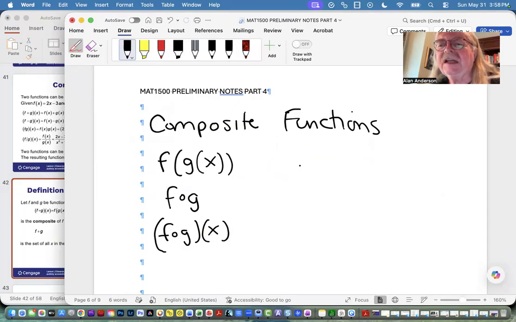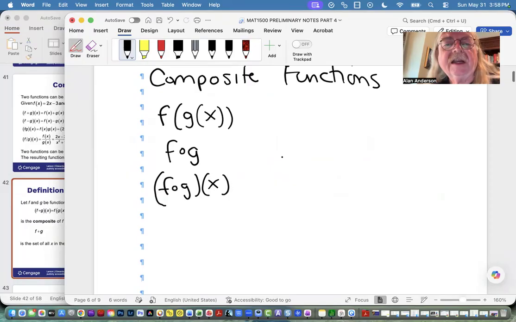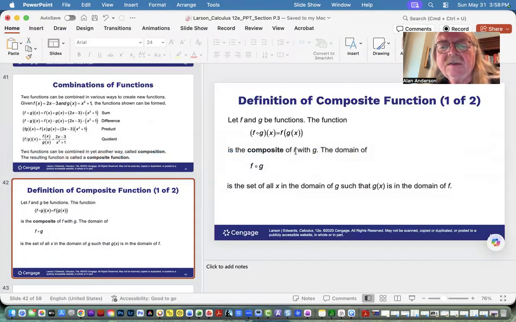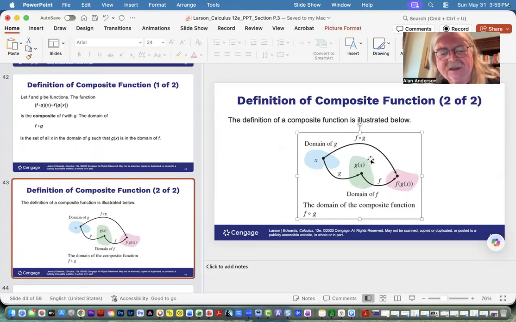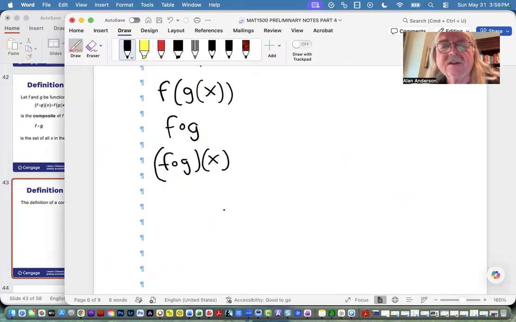So here's the big question. How do we solve for a composite function? How do we figure out what that function is? Here's how it works. Here's a graph that'll help us understand the relationship between the domains and the ranges.